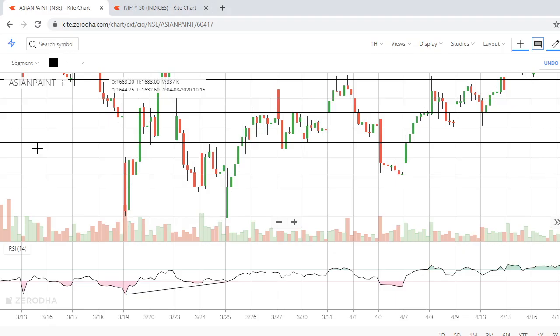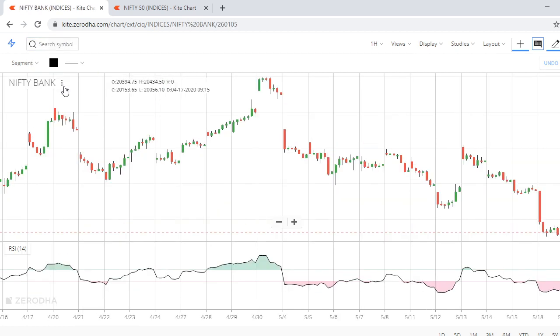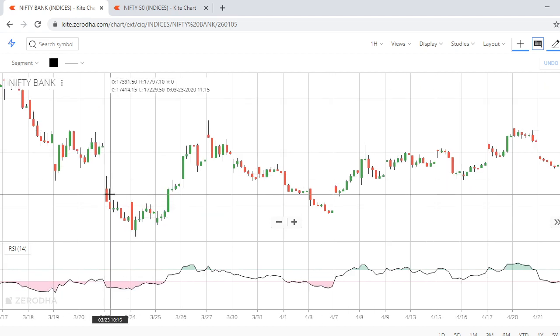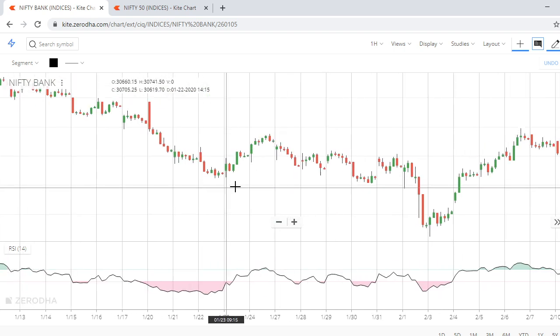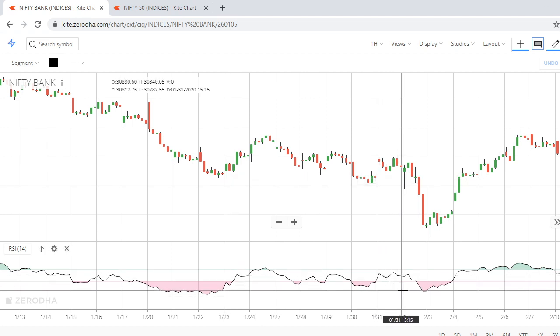Now let's go back to Bank Nifty. Think again, in the month of January, good move. Perfect.